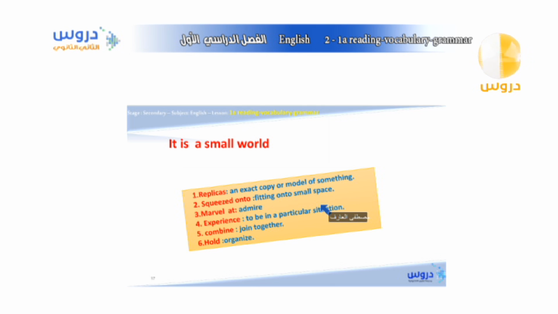So something squeezed, zipped or pushed to be in one place or in one space. Marvel at means you admire, you wonder, you take a look everywhere. Experience, to be in a particular situation or to try something. Combine is to join together. And finally hold, which is organize.